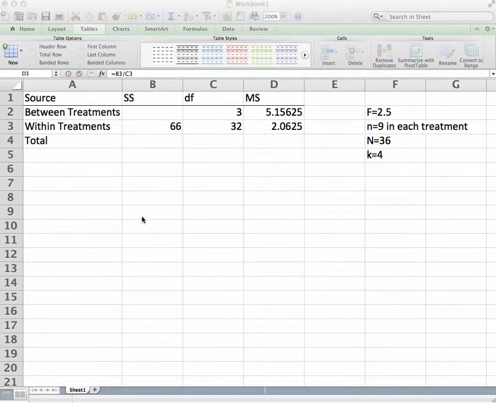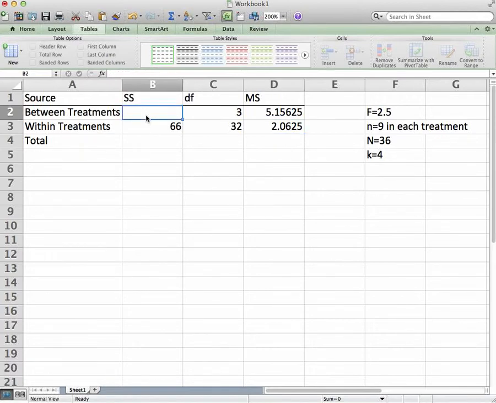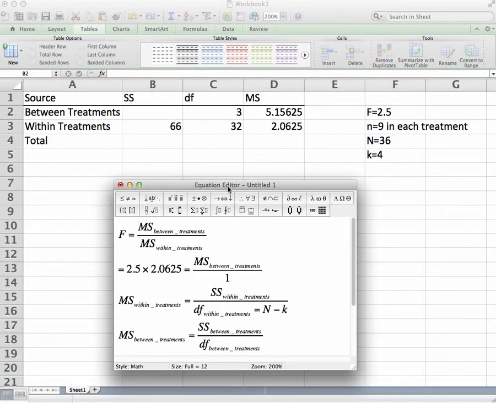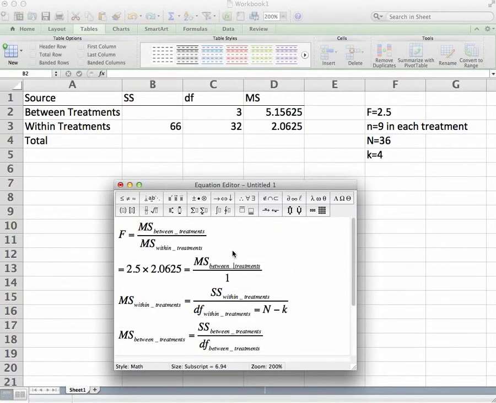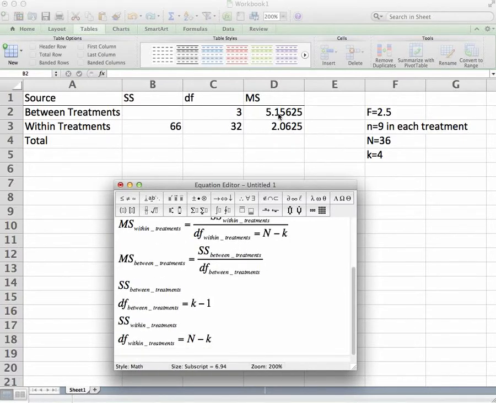Okay. Well, we can still fill in the rest of the table. Even though we know F, we started with F. We want to fill in all the information we possibly can. The between treatments sum of squares, right? Let's remember that the mean square between treatments, which we know, is equal to sum of squares between treatments divided by degrees of freedom between treatments. We're going to do a similar thing here.